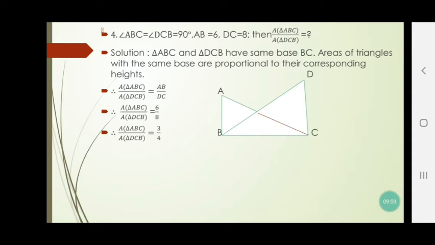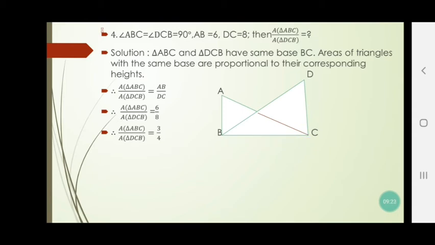And we are supposed to calculate the ratio of the areas of two triangles. The triangles are area of triangle ABC upon area of triangle DCB. What is common over here? Base is common. So what will be the ratio of the areas of the two triangles?